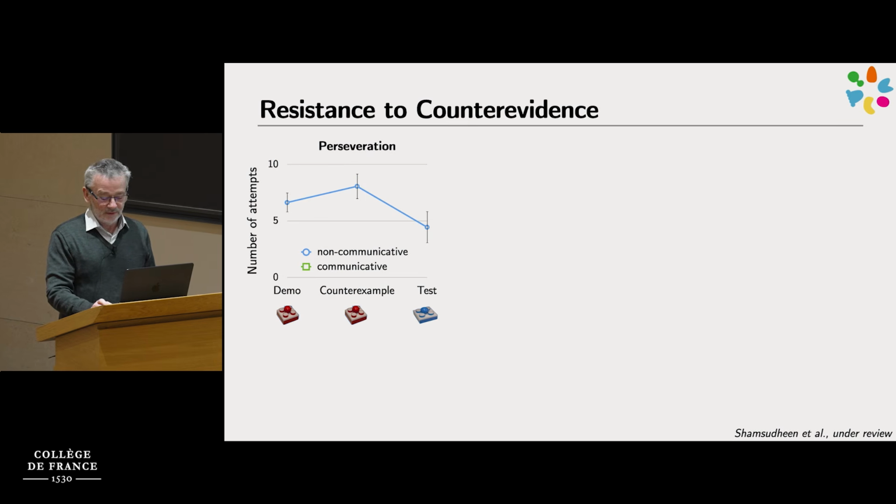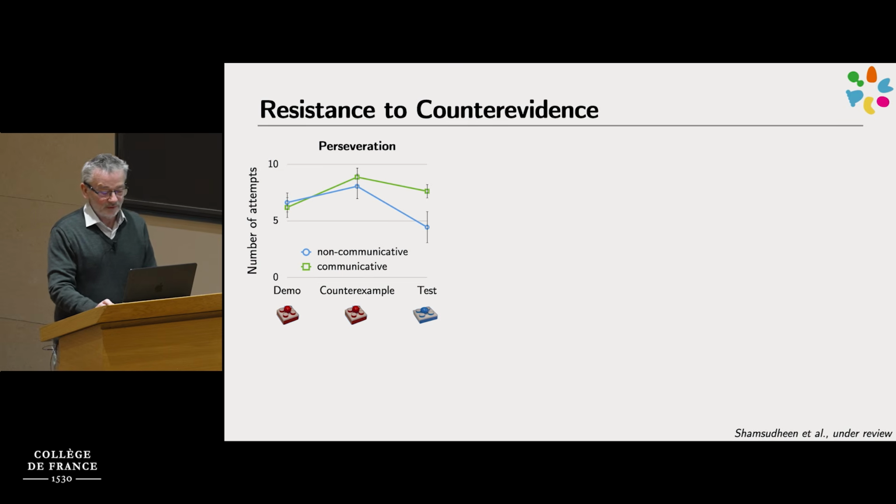But if originally the demonstration was delivered to them in a communicative manner, like "look" and then showing you that it lights up, then practically they don't learn from the counterexample. They keep on testing the test objects as many times as the counterexample object.